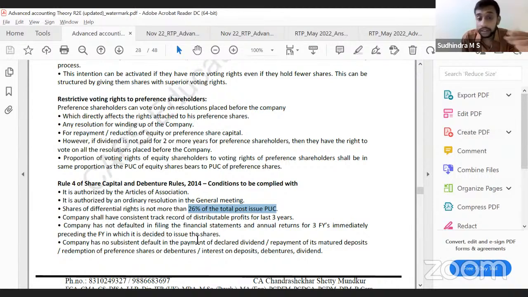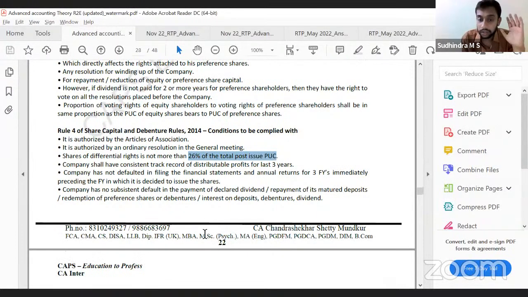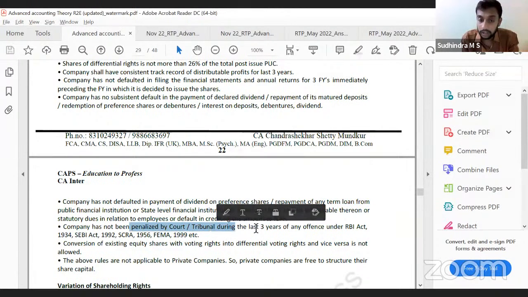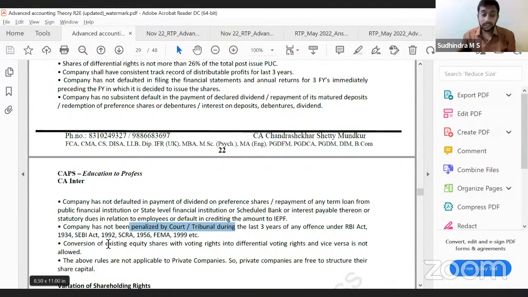The company has no default; that is a common point. No default in payment of dividend, deposits, debentures, and interest on the same, and not defaulted in dividend to preference shareholders, repayment of term loan from a public financial institution, etc. And not penalized by a court or tribunal in the last 3 years. These conditions may or may not be asked.